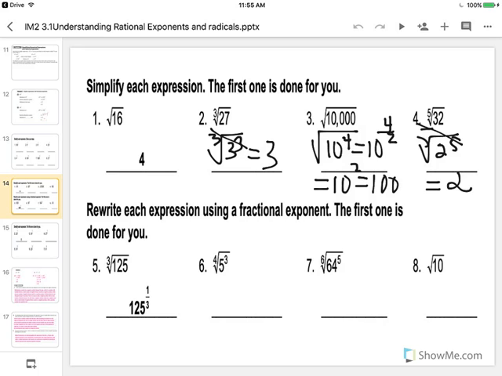Right, so for number 5, 6, 7, 8, they say to rewrite each expression using fractional exponents. So you have to write it as a fractional exponent, so do not solve for it. Remember that your index will always be your denominator.